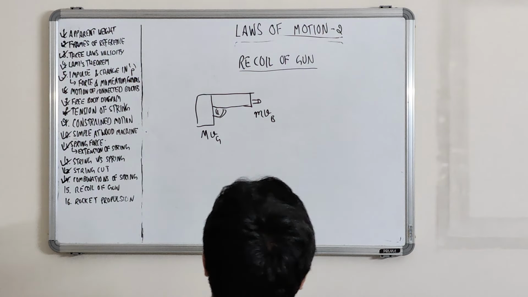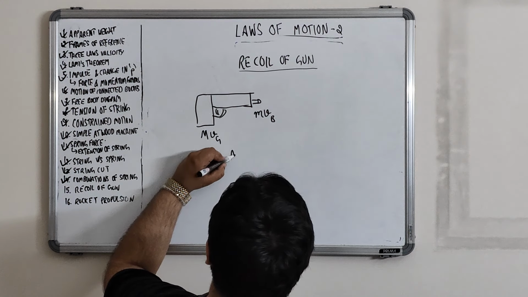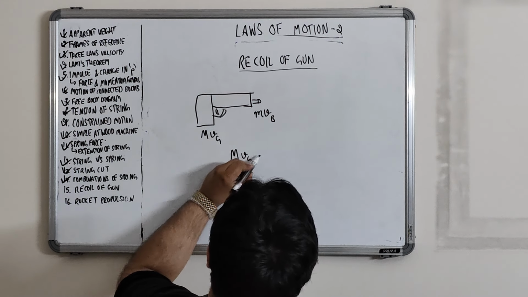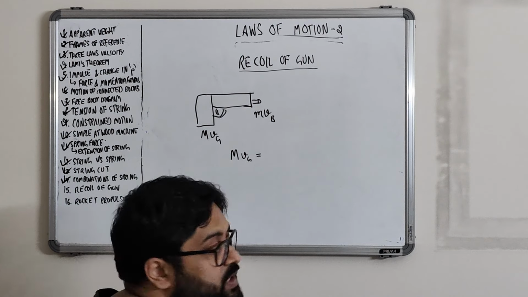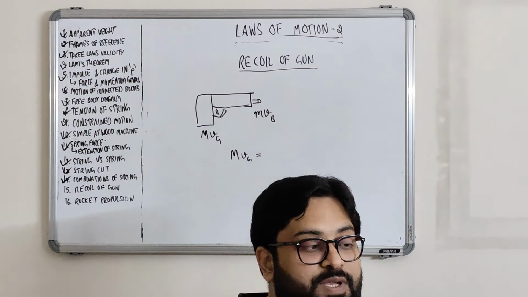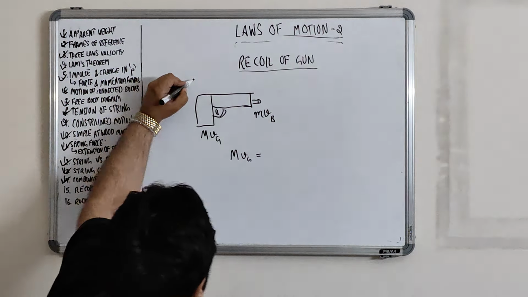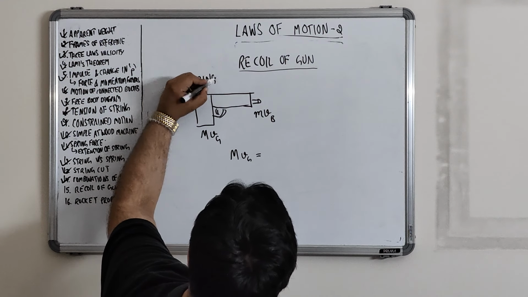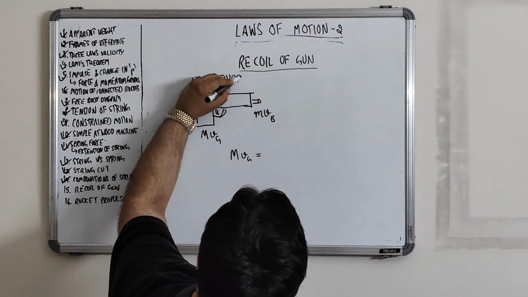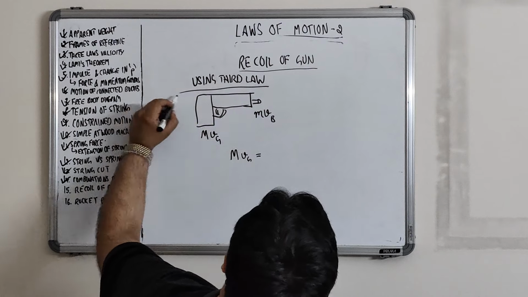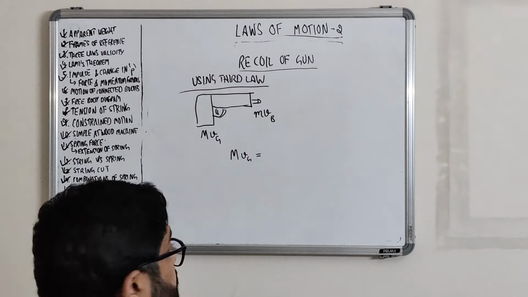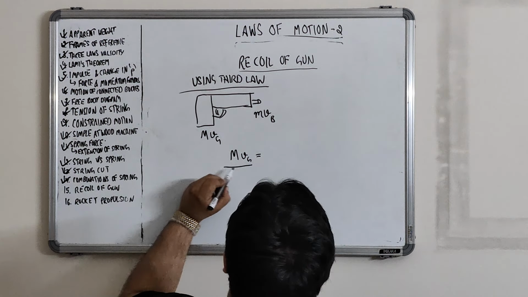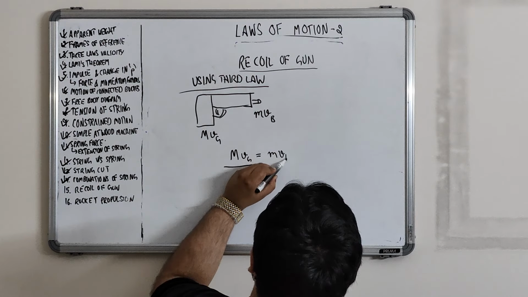So using the third law and conservation of momentum, both, we get Mvg is equal to mvb.